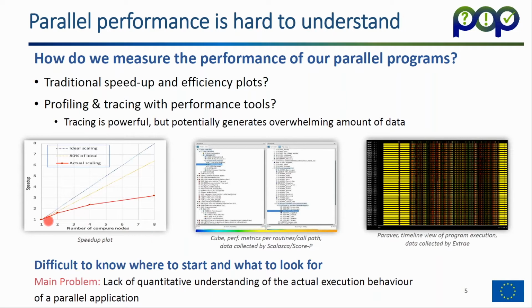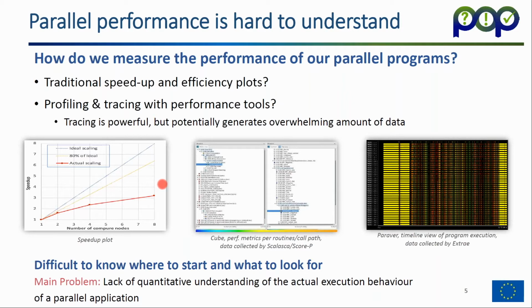If the application was scaling perfectly, we would expect an 8-fold speed up as we have 8 times the number of nodes. Typically, you'll have some fraction of that, and in this case, where you're only getting a 3-fold speed up, the benefit of using those extra nodes has been substantially diminished. So this indicates a problem here. It's not a very efficient execution scenario, but what's the cause of that?